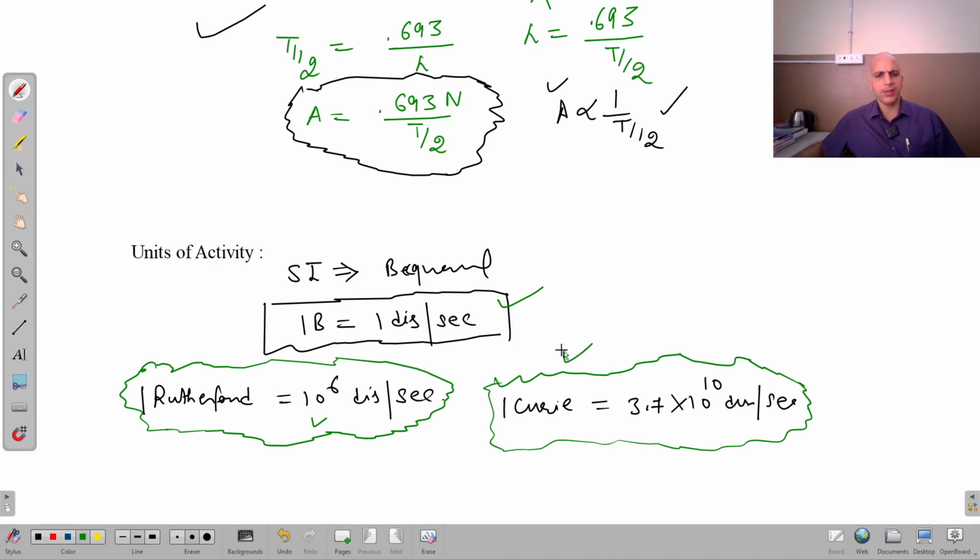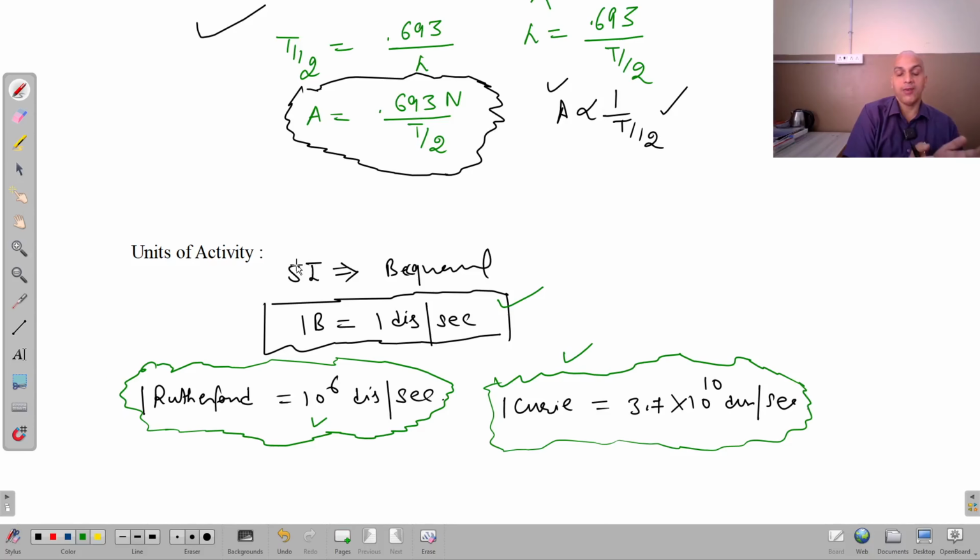Sometimes you can be asked in the exam what is the relation between one Curie and one Rutherford, one Becquerel and one Rutherford, one Becquerel and one Curie. You can see from here and derive the relation between them. We have to remember that there are three units for the measurement of radioactivity or activity of a radioactive substance.